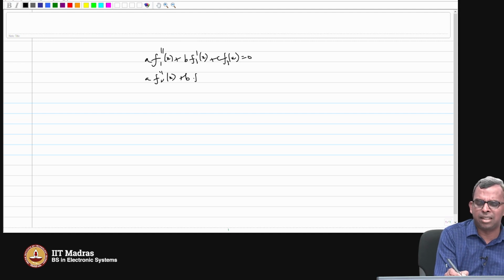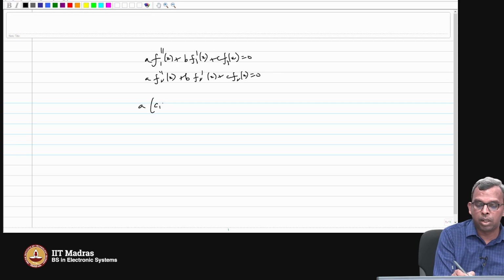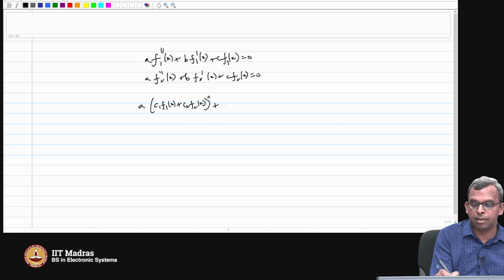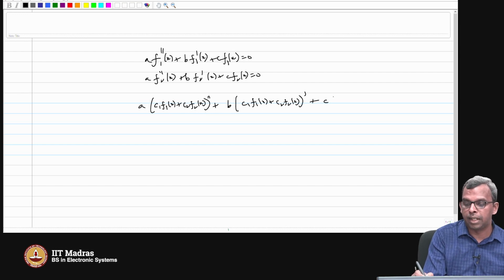So it's a very easy thing to check that if you have both of them being solutions f1 and f2, what will happen if I do a times (c1 f1 of x plus c2 f2 of x) double prime plus b times (c1 f1 of x plus c2 f2 of x) prime plus c times (c1 f1 of x plus c2 f2 of x).